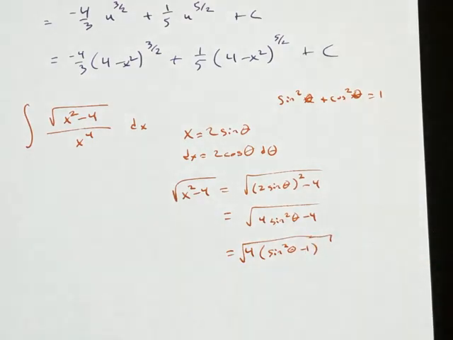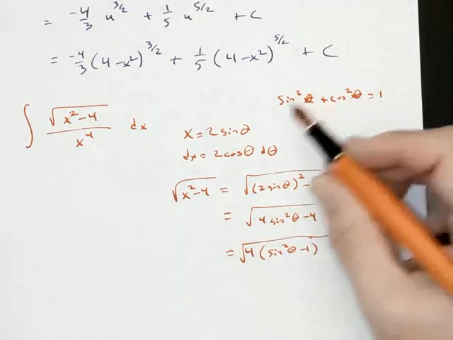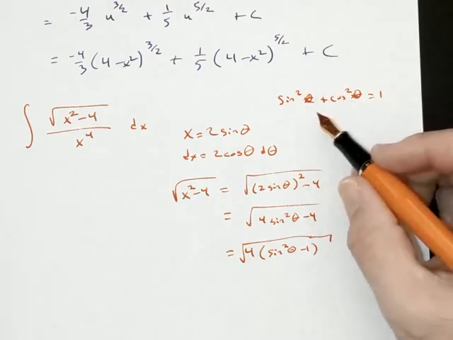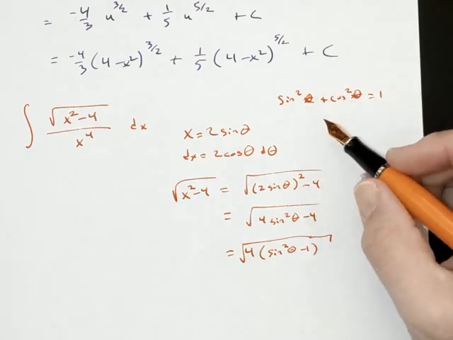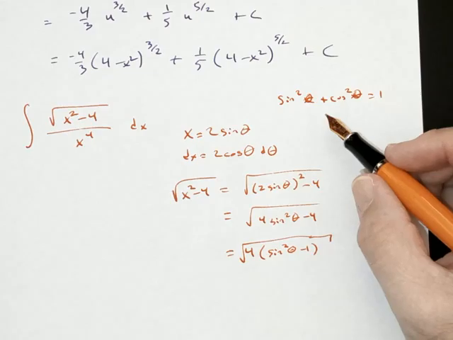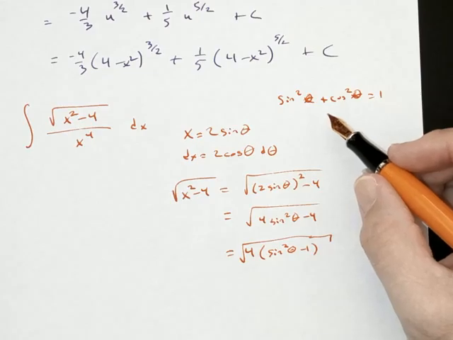What's sine squared theta minus 1? Theo? That'd be like cosine squared theta. Go back up here and rearrange this to get sine squared theta minus 1. What happens? It'd be negative cosine squared theta.